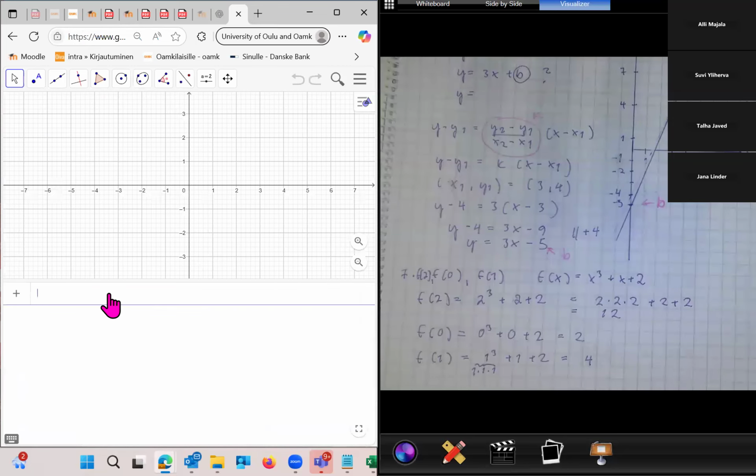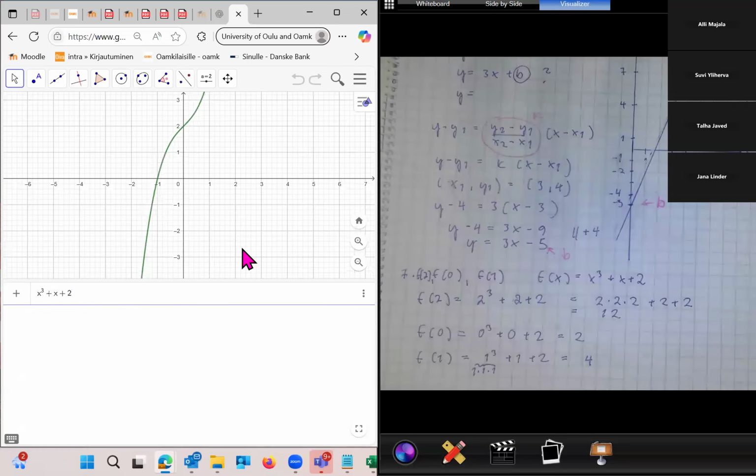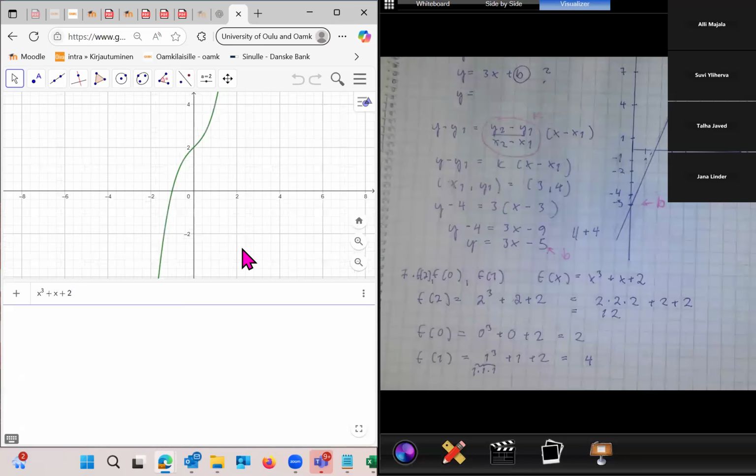And you can just write there x cubed plus x plus 2. So it looks like this. So it's not a linear function, it's a third degree polynomial.